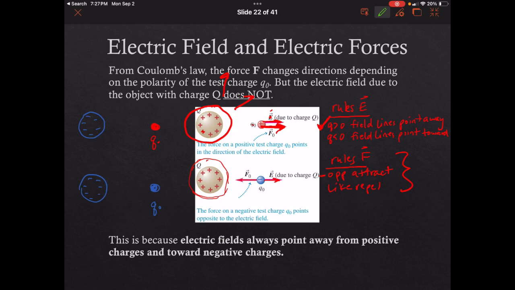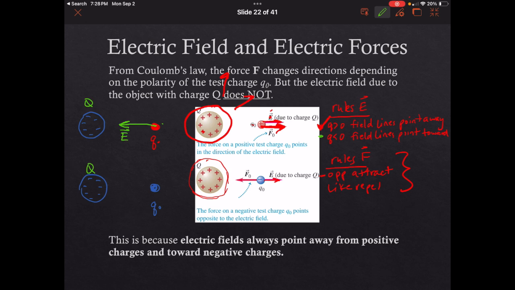Well, let's draw the electric field. What direction is the electric field pointing at the location of Q naught due to big Q? Well, big Q is negative, so the electric field vector at this location is going to point directly towards the negative charge, following this rule. What about the force?